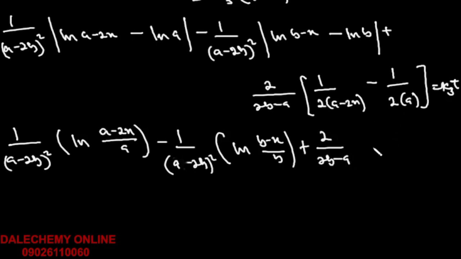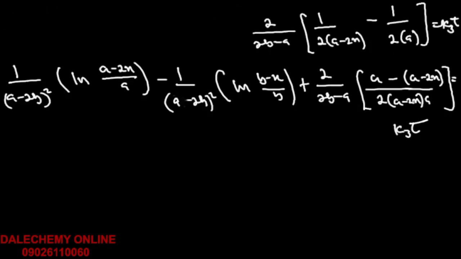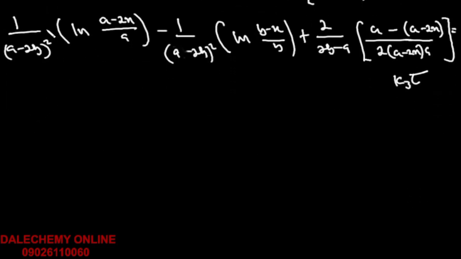Of course, you can find the LCM here, and from here that will simply be 2a minus 2x times a. And then by the time you divide this, that will simply be a minus, in bracket, (a minus 2x), equal to k3t.